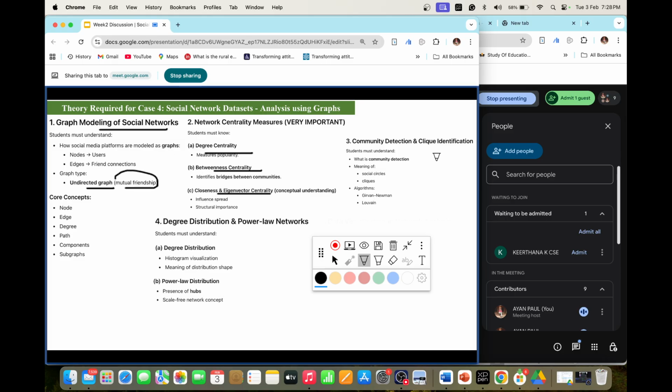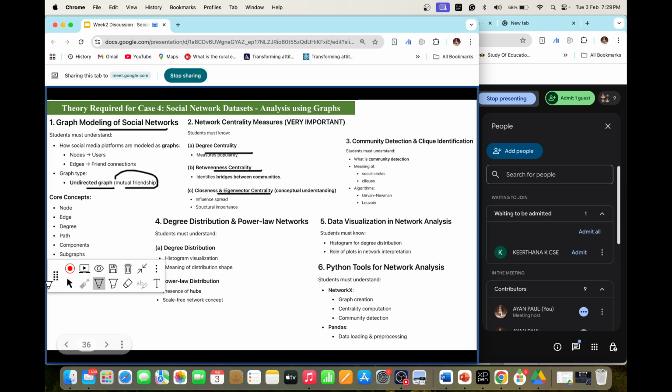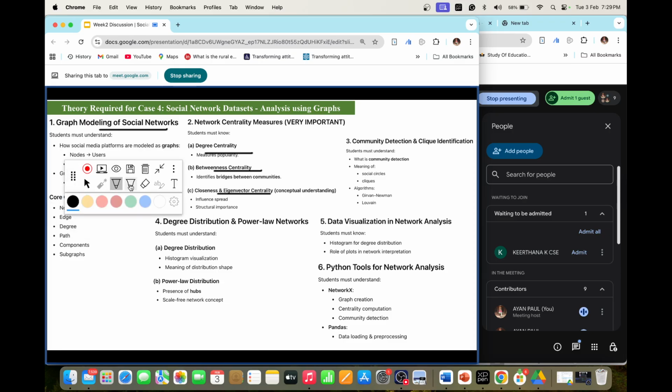There are different algorithms, again no need to discuss this. Degree distribution and power law networks: the student should understand degree distribution, histogram visualization, the meaning of the distribution shape, power law distribution, presence of hubs, and scale free network concepts. Again, this is purely based on your visualization.